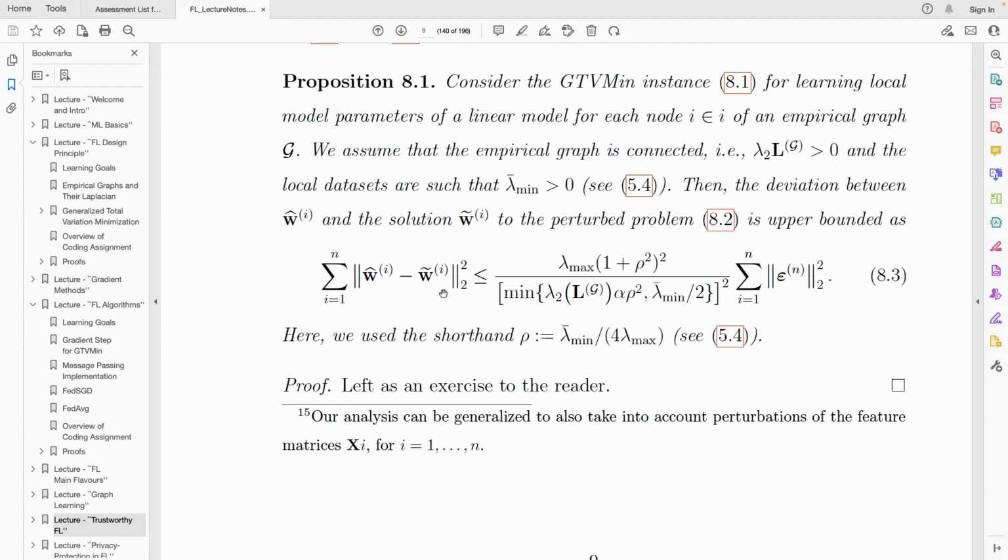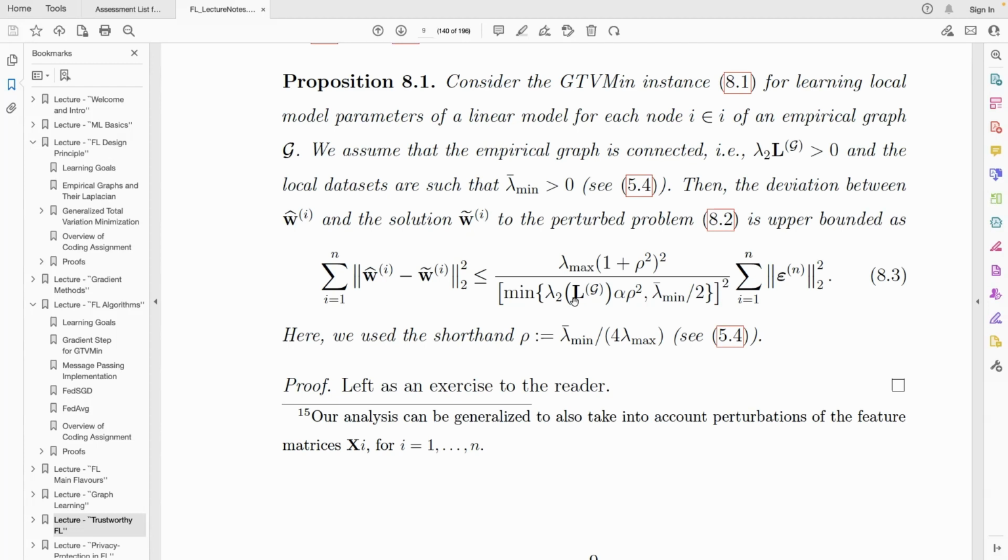To guarantee that this perturbation is small, we want a large lambda 2. Is this in line with our wishes from the previous lectures? In our previous lectures, we talked about graph learning methods.